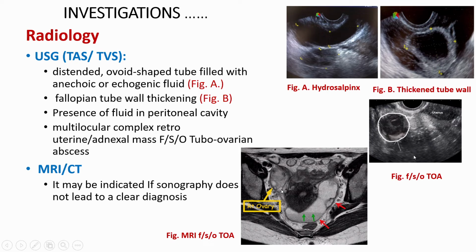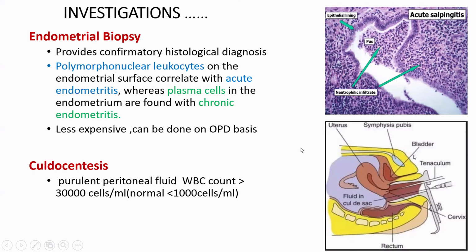So this is the tubo-ovarian abscess. Now, other investigation tools include endometrial biopsy, but we do not commonly do it. It provides a confirmatory histological diagnosis.